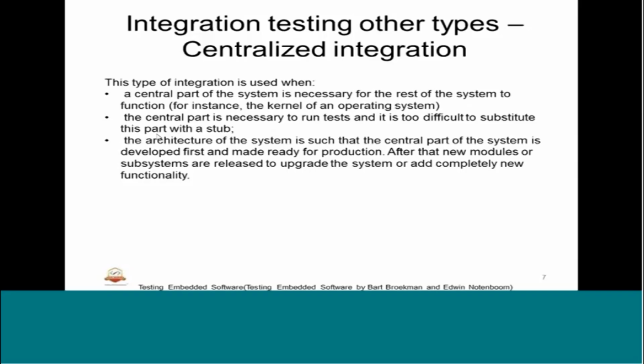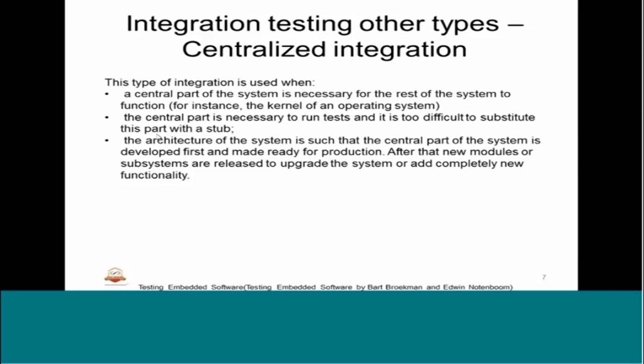The architecture of the system is such that the central part of the system is developed first and made ready for production. That means this kind of systems, what they do is first they develop the kernel or the scheduler or the OS, and surrounding that they will incrementally develop subsystems one by one.